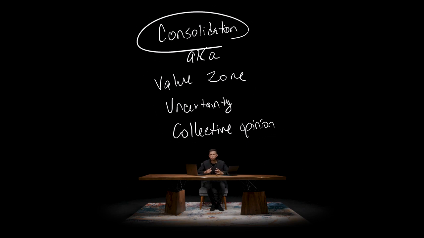Consolidation also gives you collective opinion. And what that means, as I explained in the past, is that a lot of people are doing the same thing at the same time, and they're thinking the same thing at the same time. And they're making the market behave a certain way, in this case, to not have clarity. And so, usually, a consolidation is going to happen at a point where it happened in the past as well.